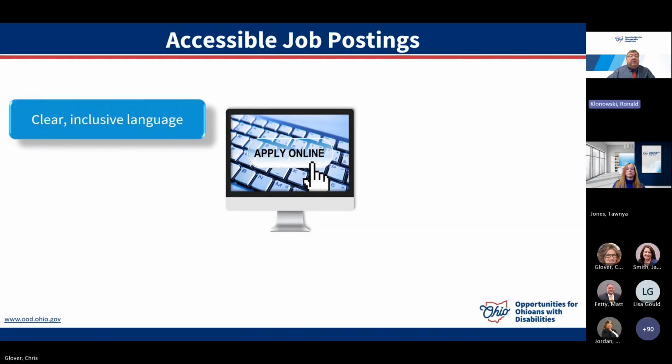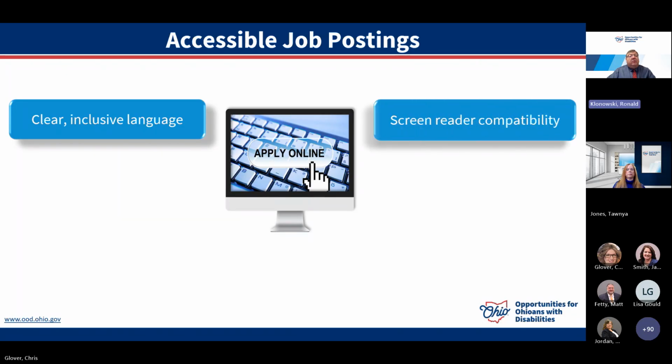Use clear, inclusive language. Avoid jargon or overly technical terms. For example, instead of saying leverage cross-functional synergies, use collaborate with team members. Ensure screen reader compatibility. Use accessible formats like HTML or accessible PDFs.